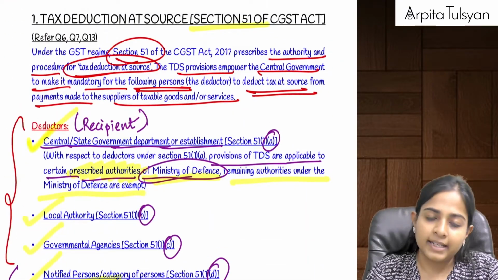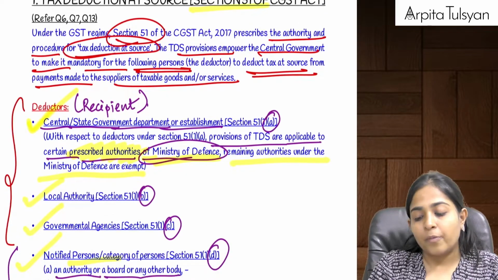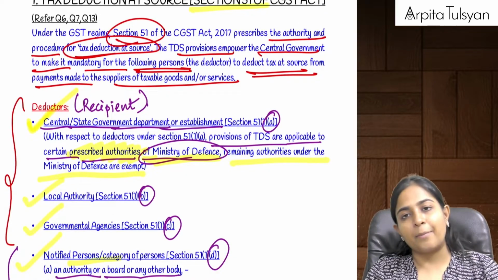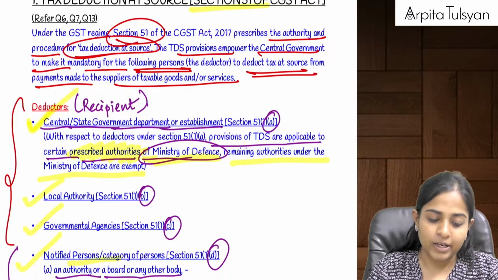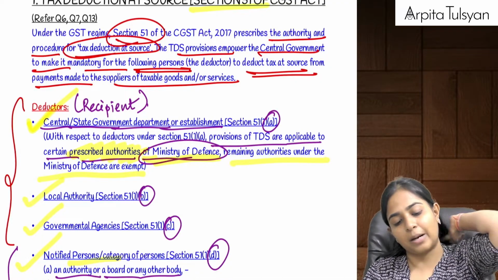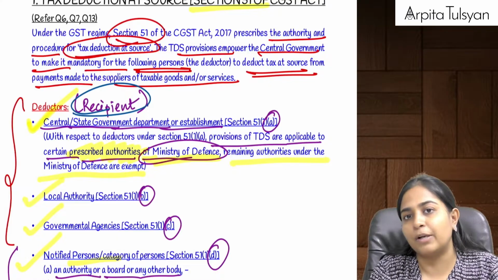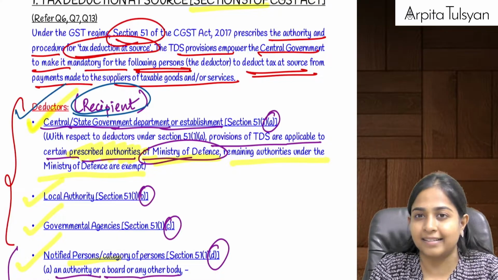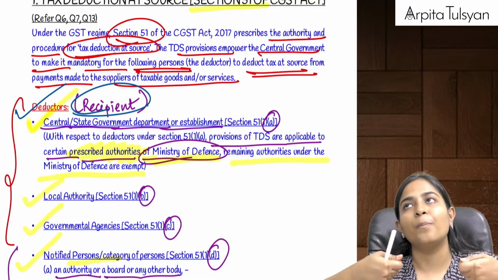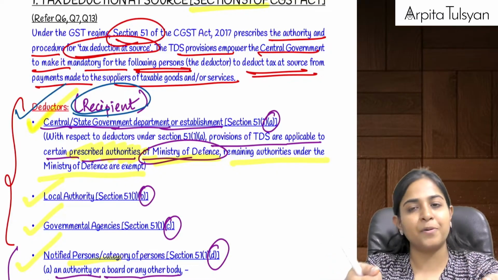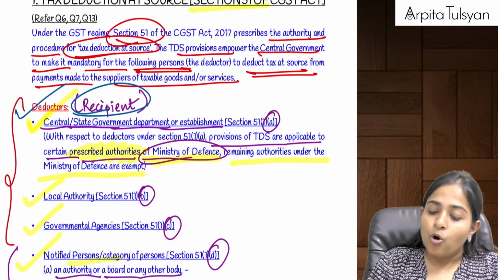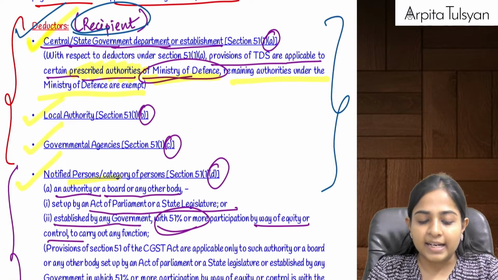First of all, TDS section number 51. Now, first of all, who all will come under the purview of this TDS? This is TDS under GST. So, when the recipient of taxable goods or services, or the deductor, the person who is going to make the payment to the supplier, that person is going to deduct. Who all are these deductors who can deduct the TDS?